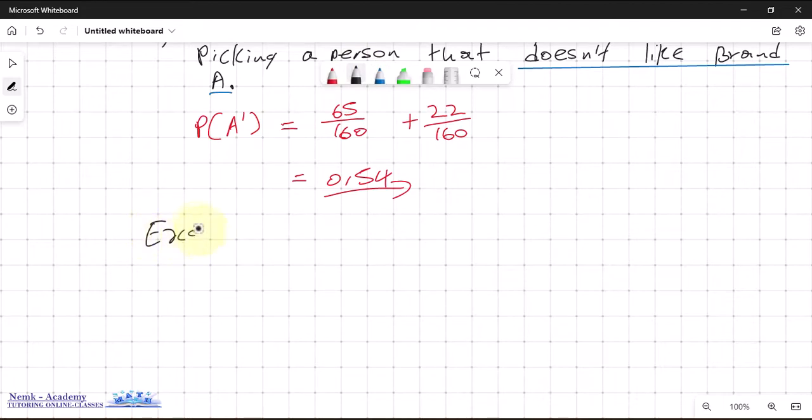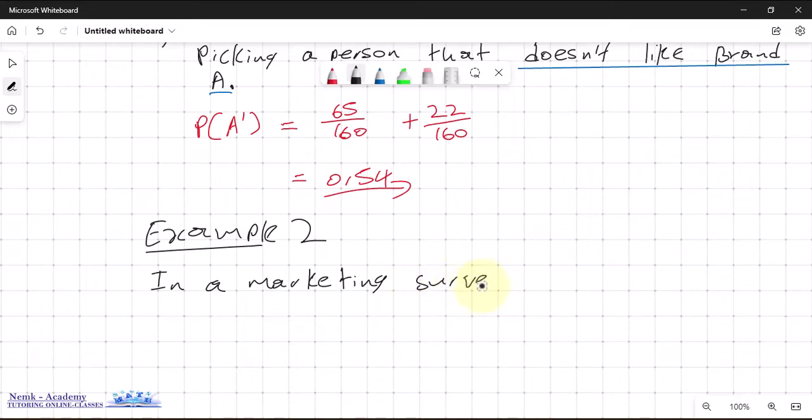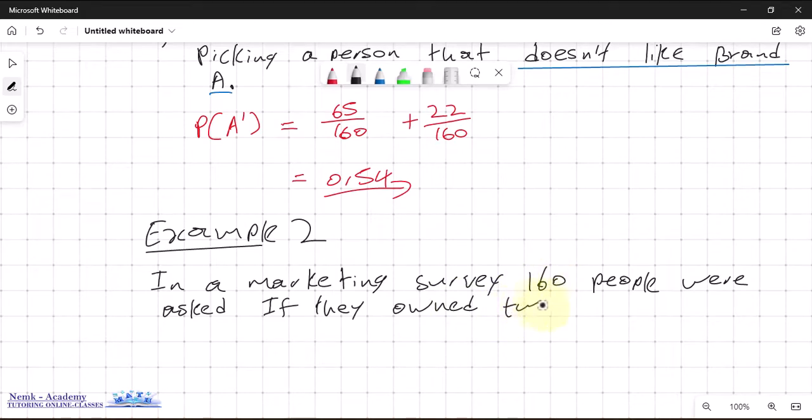Example 2. In a marketing survey, 160 people were asked if they owned two different brands of denim jeans.